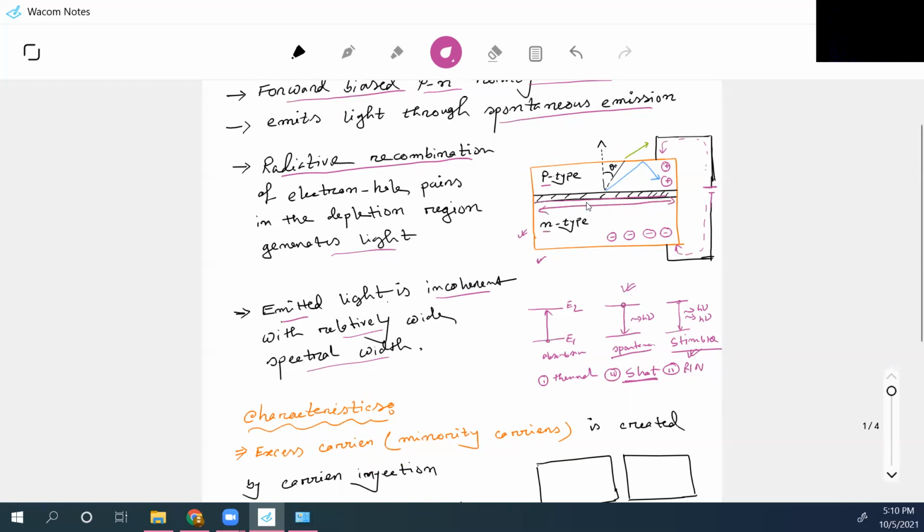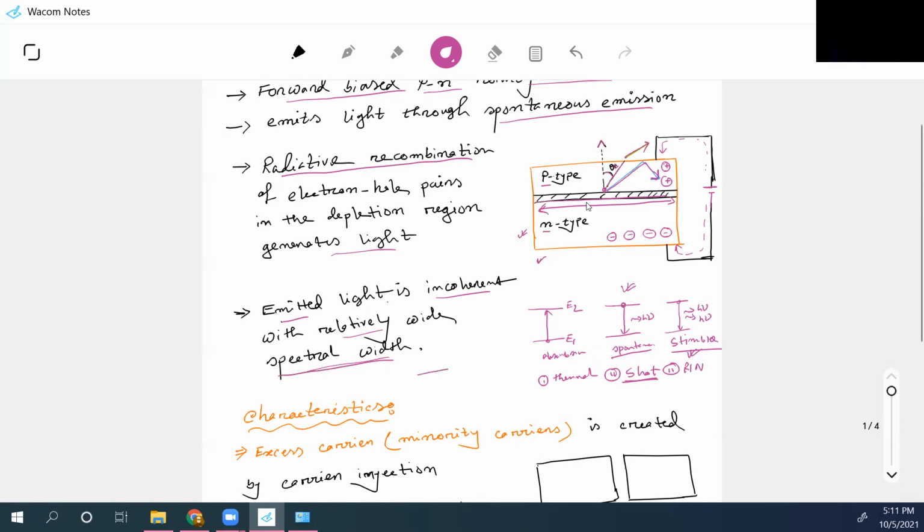When a photon is emitted, it can go in this direction. If the angle is more than theta c, the critical angle, then total internal reflection happens, which means this becomes lossy. Due to this wide surface area, the spectral width also is very wide.